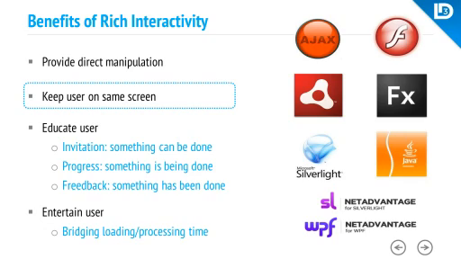And so keeping users on the same screen is enabled by, for example, rich interactivity features such as animating things to the background, to the side, and bring them out again. So for example, having a slide out or a fly out menu that you can bring in from the side only if and when you need it to do certain things like navigating to something or showing or hiding something, and then you can get rid of it again.